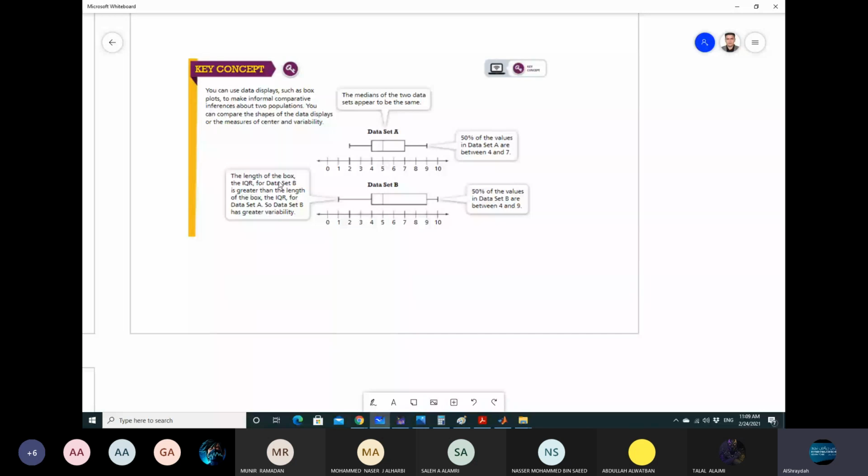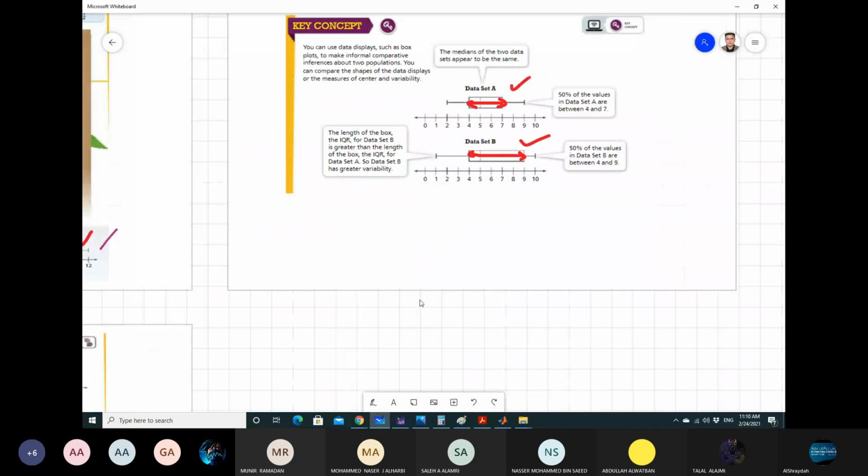The length of the box, the IQR, for data set B is greater than that for data set A. So data set B has a greater variability. It is easy to identify because the length of the box here is greater than the length of the box here. So the variability in data set B is more than in data set A.